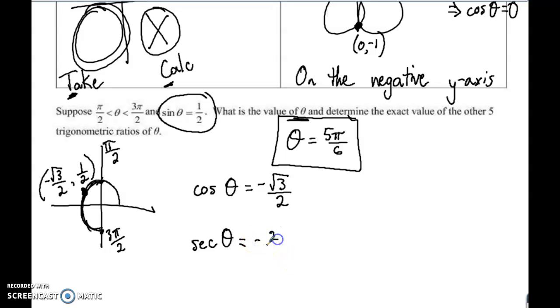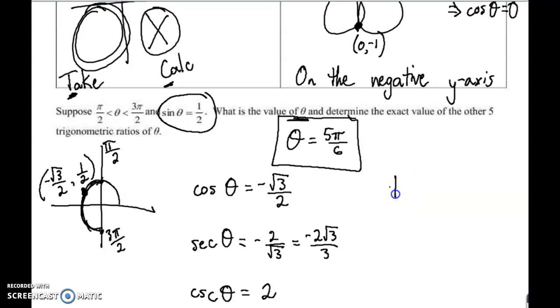So as I mentioned earlier, if you don't want to rationalize, that is okay, but most math teachers will make you rationalize. And then cosecant's a reciprocal of sine, so the reciprocal of 1/2 would be 2.